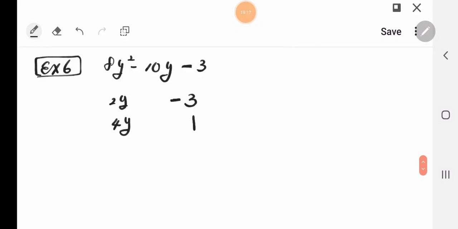The reason is that the result has to be negative, so the cross multiply must have the larger number, so the larger number of the cross multiply has to be negative. That's why I put the negative sign on 3. So 3 times 4 is negative 12y, and this is 2y.